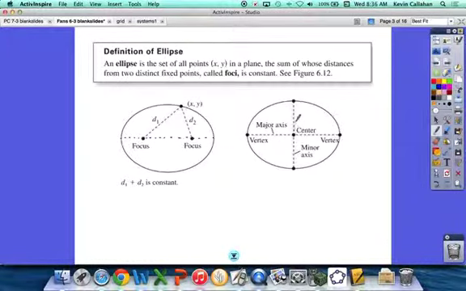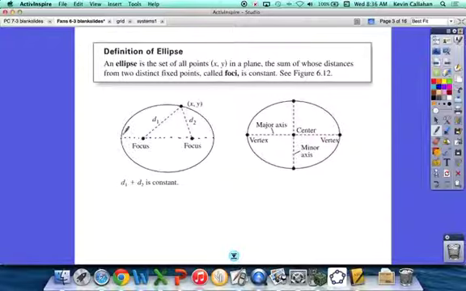And if you went in the perpendicular direction, which has to be shorter, that's the minor axis. So major axis is the long length of the ellipse. The minor axis is the short length of the ellipse. They both go through the center. The foci have to be along that major axis.